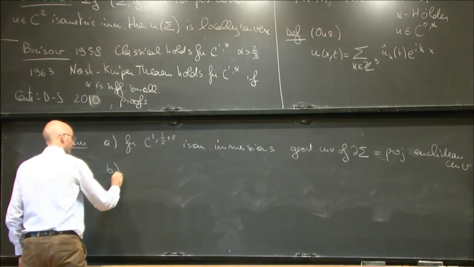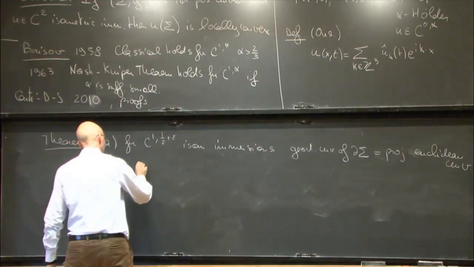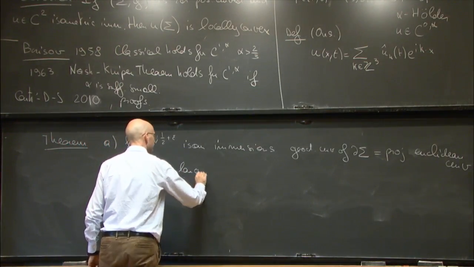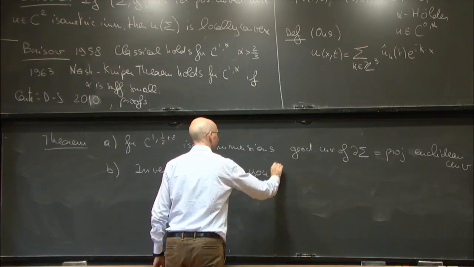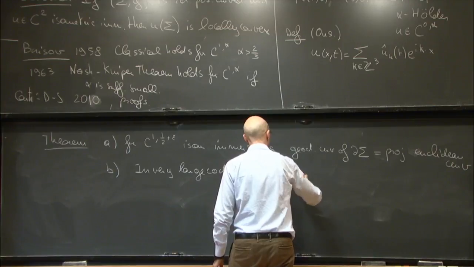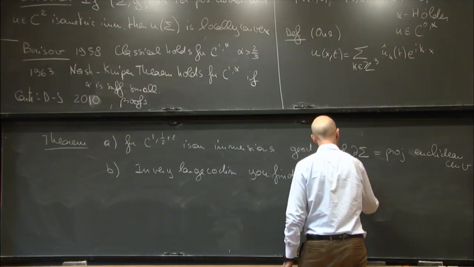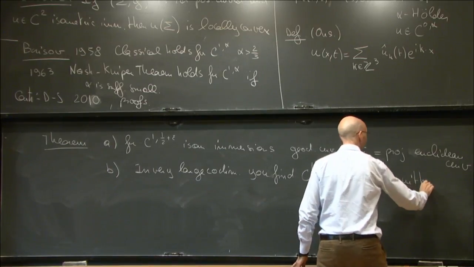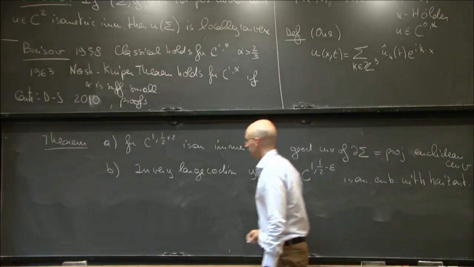And then here is theorem B. The ugly part is that I need a very large codimension, but in very large codimension, you find C1 1/2 minus epsilon isometric embeddings with horizontal tangent at the boundary.